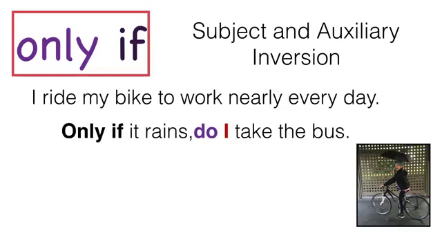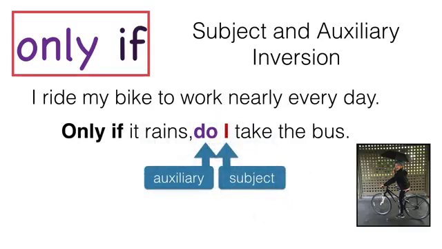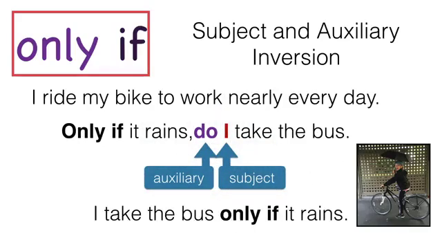Notice here, because only if is at the beginning of the sentence, we need to invert the auxiliary and the subject. This is not true when only if is in the middle of the sentence. If you're wondering why we included the auxiliary verb do, it's because the subject is I and the tense is the simple present.